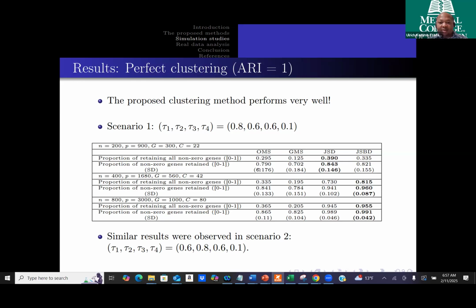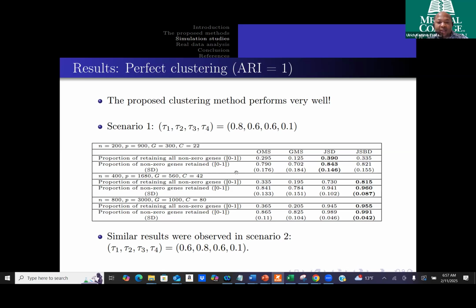You will see that the marginal omic regression retains all important genes 29.5% of the time. The gene marginal screening retains all important genes 12.5% of the time. The proposed method with the diagonal matrix retains all important genes 39% of the time, and the proposed method with the block diagonal retains all important genes 33.5% of the time, which is great.